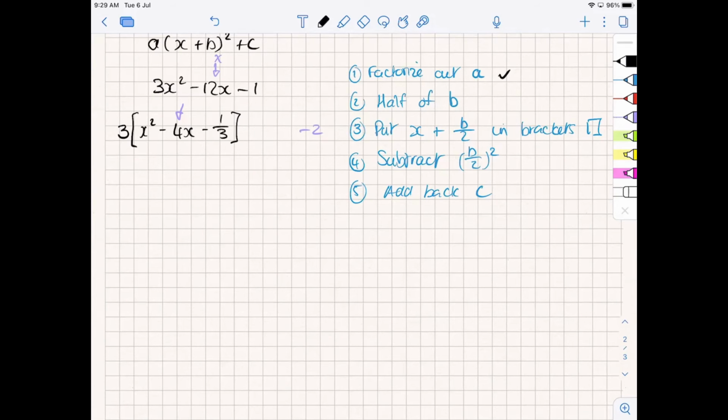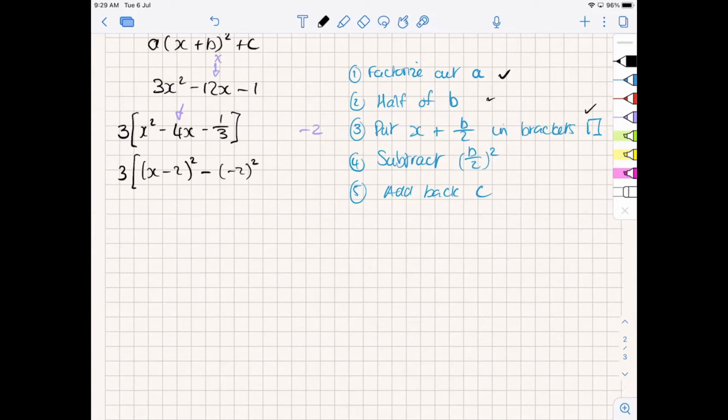We can't forget we have this factor of 3. This is why I chose to use the big brackets, because now I need to put x and half of b in brackets squared. We've got half of b and we've put it in the bracket squared. Now I need to subtract whatever half of b was in brackets squared. Half of b was minus 2, and that's squared.